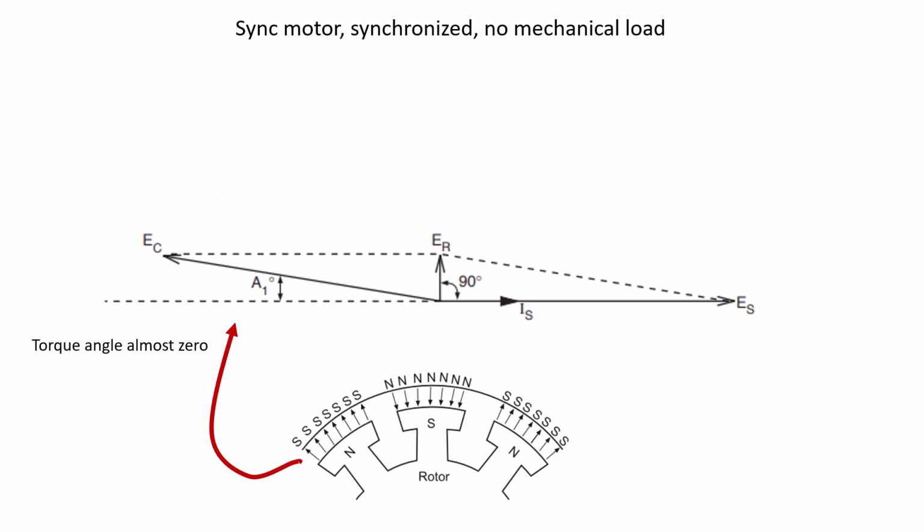When we're maintaining DC excitation but increasing the mechanical load, the vector diagram looks like this. The stator current is quite low, and A1 that we see there is equivalent to the torque angle, so the angle that the generated voltage from the coil is at. So it's a very low angle.